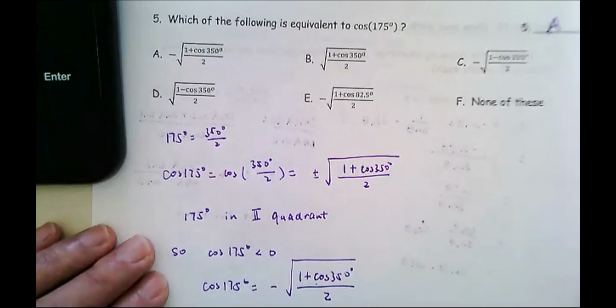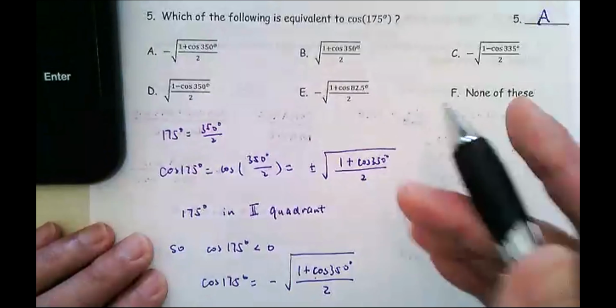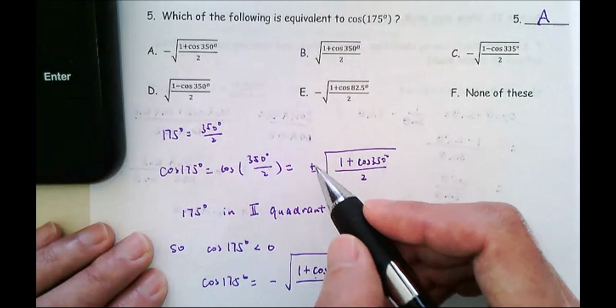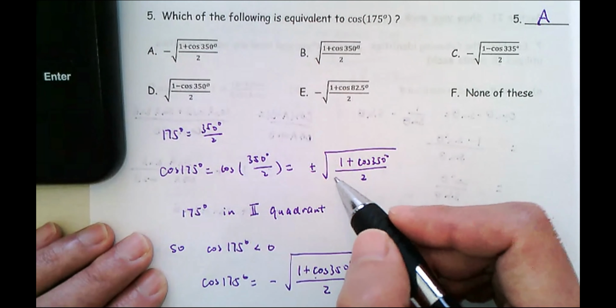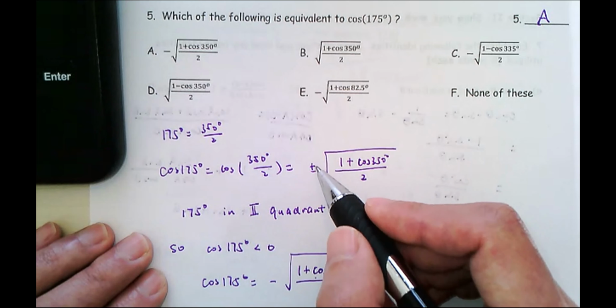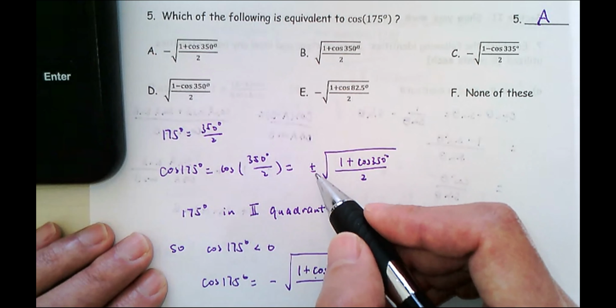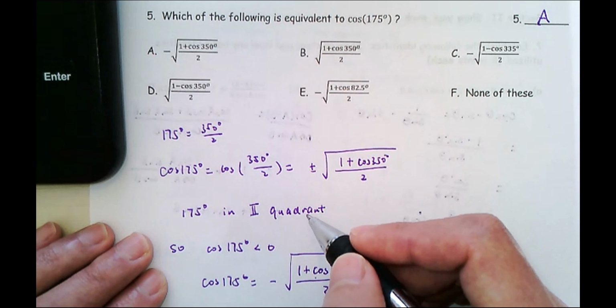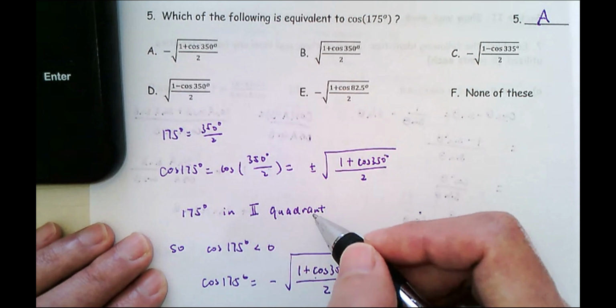At the end of the exam, all the formulas are attached, so you can just look at it and use that formula. But we still need to determine which sign it is. Here it is plus or minus. Notice 175 is in the second quadrant. What does it mean for the second quadrant?